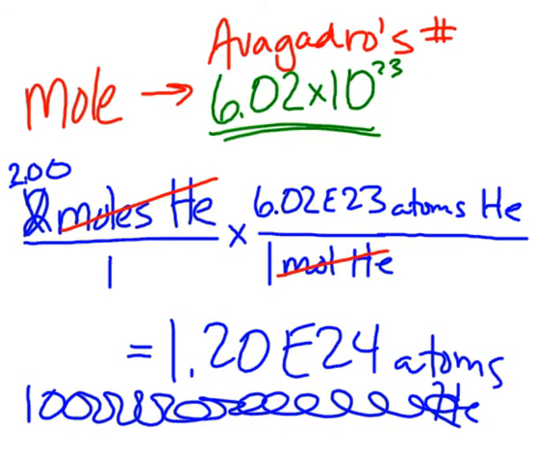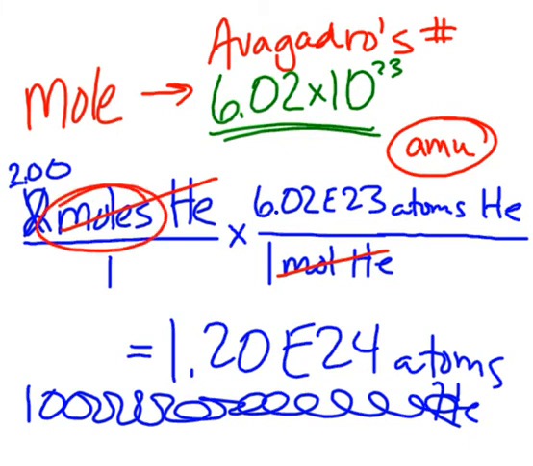Well, we can actually mask these big numbers because when we're looking at individual atoms, we use the unit AMU, which is tiny, tiny. But now that we're looking at not just 1 atom or 2 atoms of something, but at moles of something, we can use grams as the unit, and we can measure grams on, say, a triple beam balance.